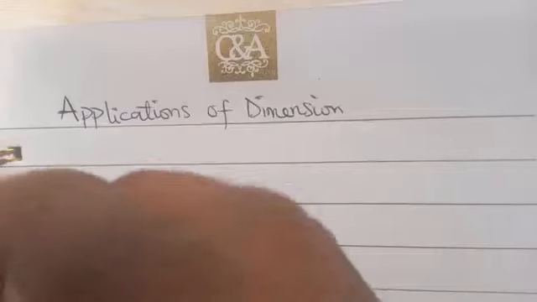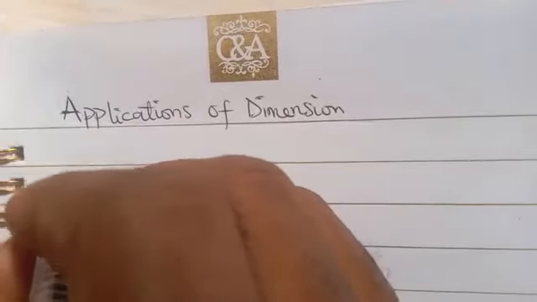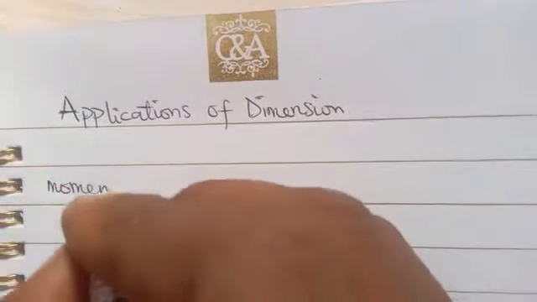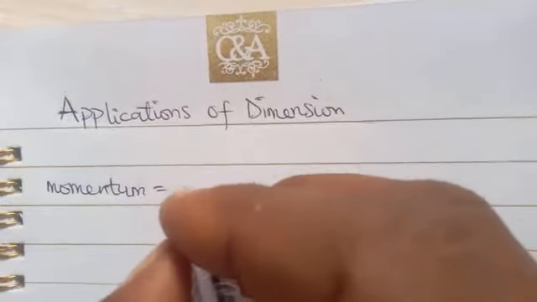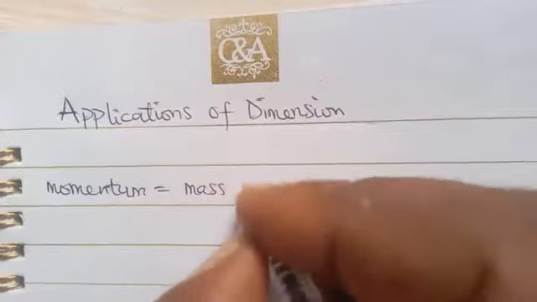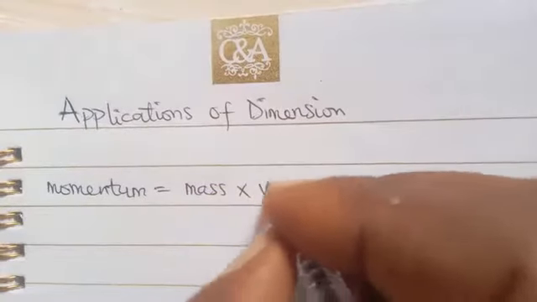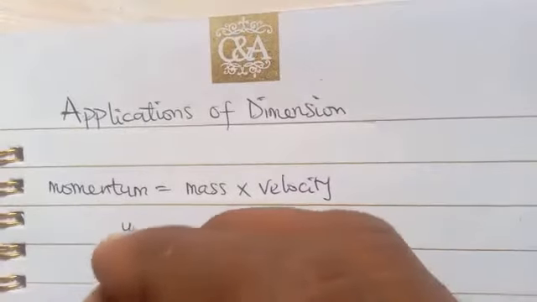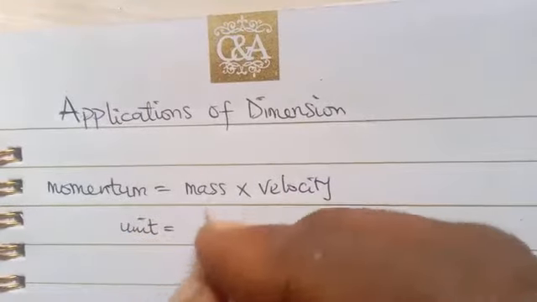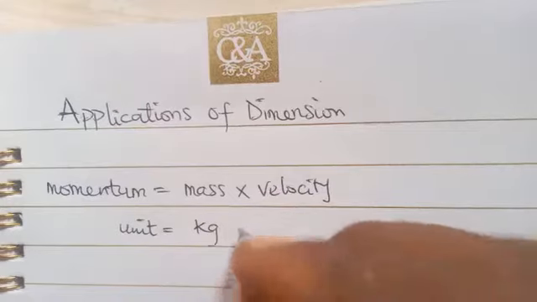Let's use something like momentum. Momentum is given as mass times velocity. Now the unit of mass is kilogram.